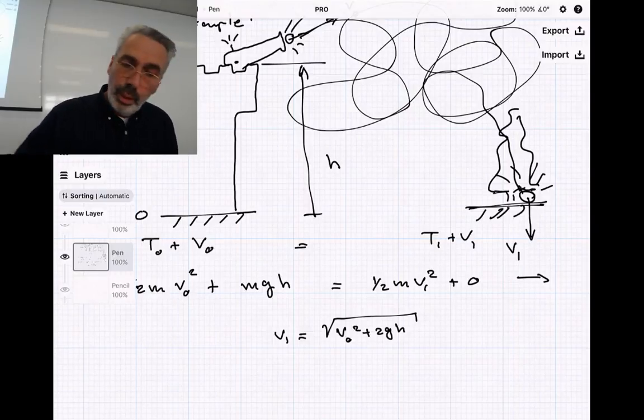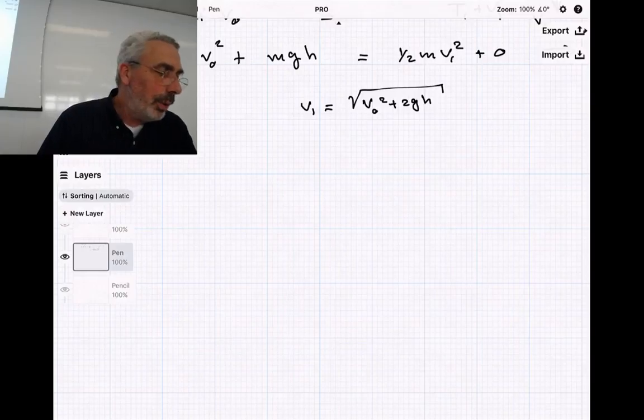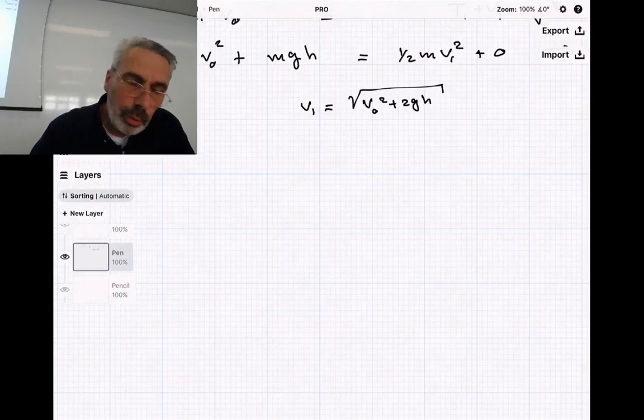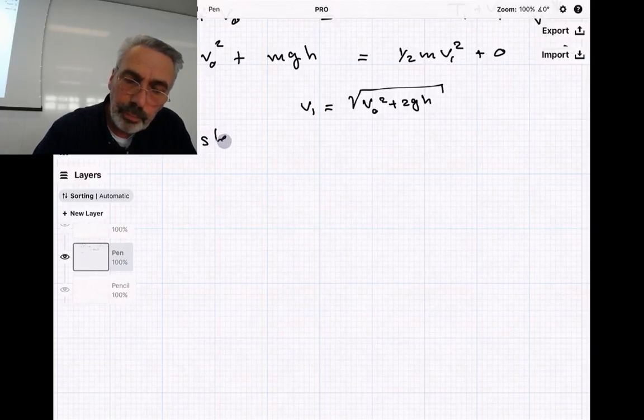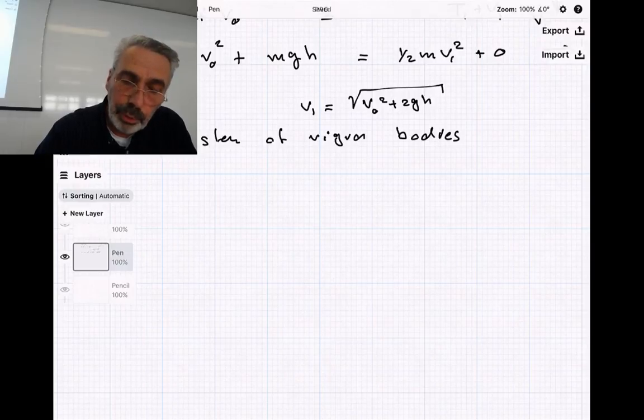Okay, so useful, but how is it helping us with the Lagrange equation? Well, let's go back to our system of bodies, our system of rigid bodies. And within our system of rigid bodies, we can immediately identify what the kinetic energy is. That's super simple.